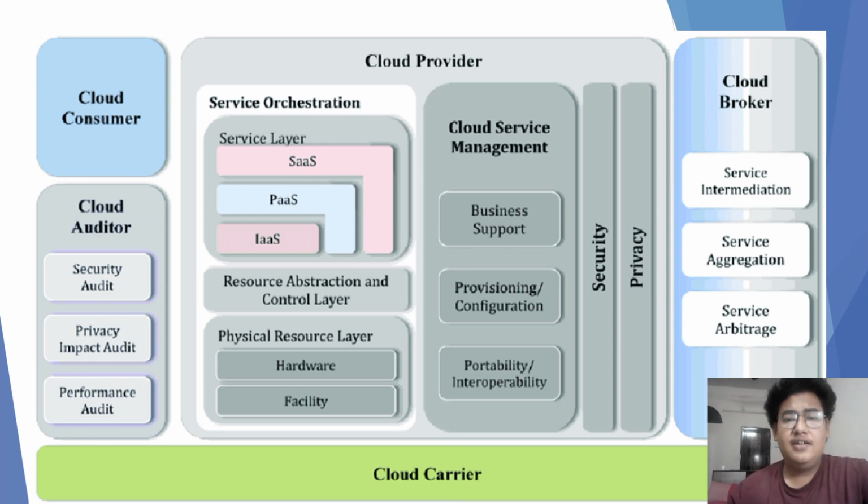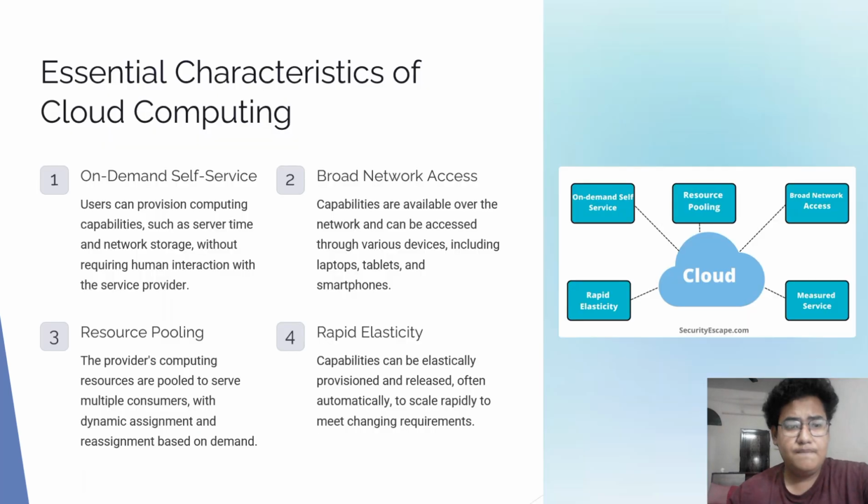Now let's start exploring the core characteristics of cloud computing as defined by NIST. According to NIST, cloud computing has 5 defining characteristics. Let's break them down one by one. On-demand self-service.